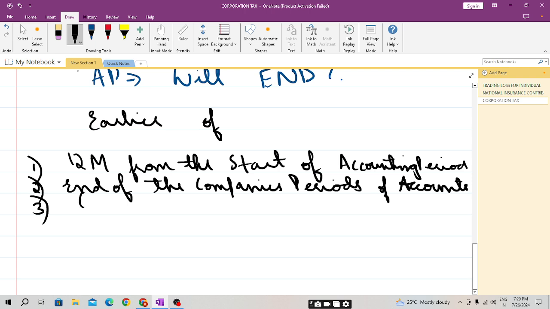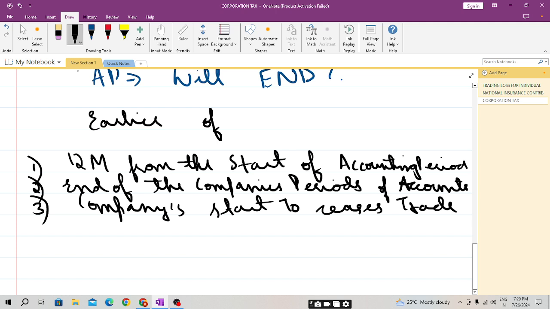The third case was when the company ceases to trade. We have further cases like administration, liquidation, or the company not being liable to corporation tax. But the most important three are 12 months from the start of the accounting period, the end of the company's period of accounts, and the company ceasing to trade.